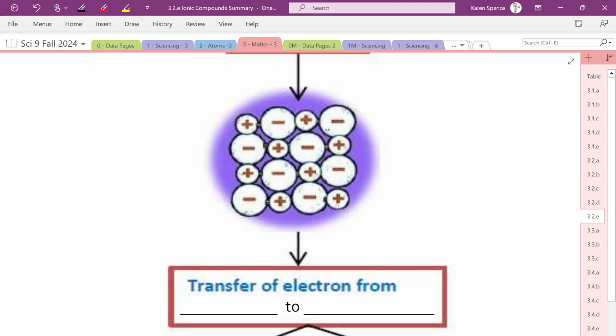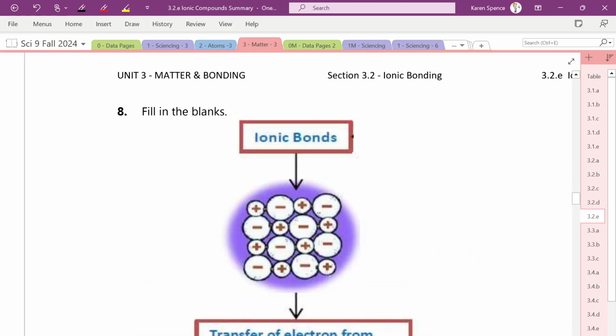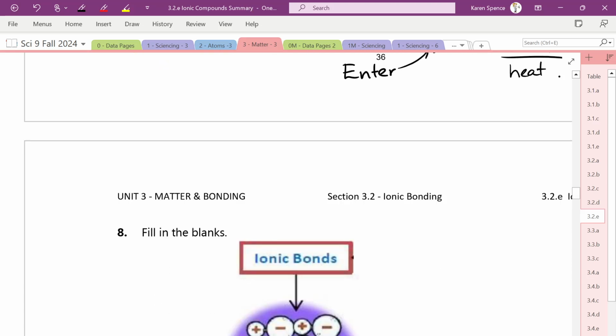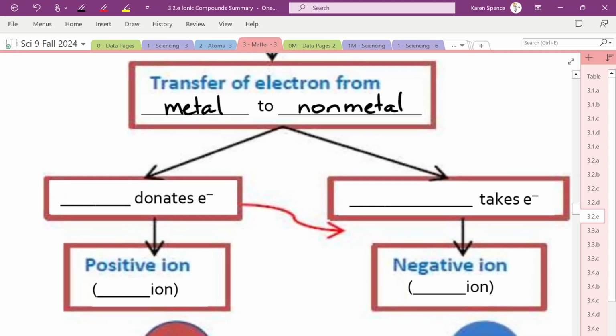An ionic bond forms when we transfer an electron from a what to a what? Metal to non-metal. We are on page 37. Who donates electrons? Metal. Who takes electrons? Non-metal.